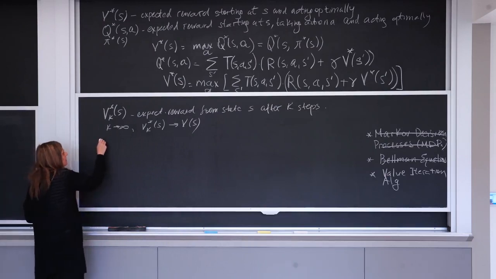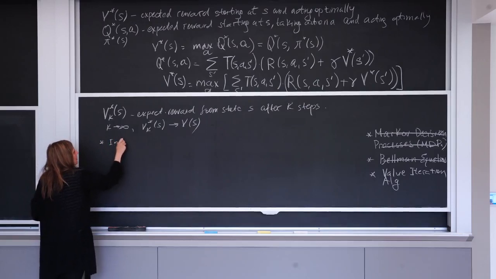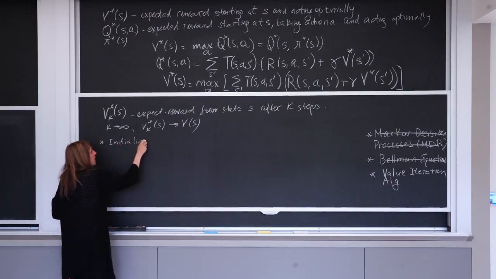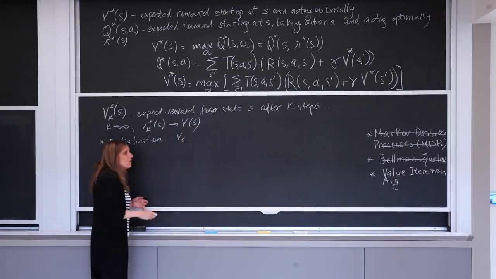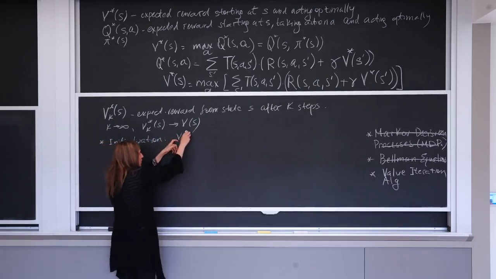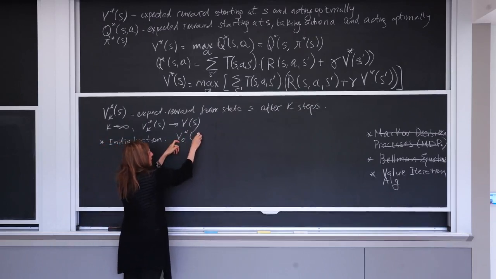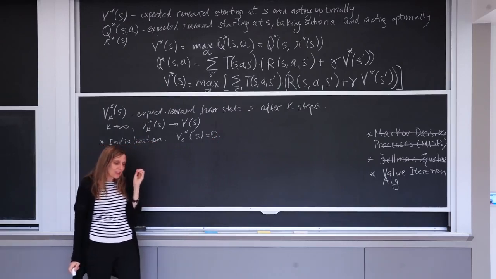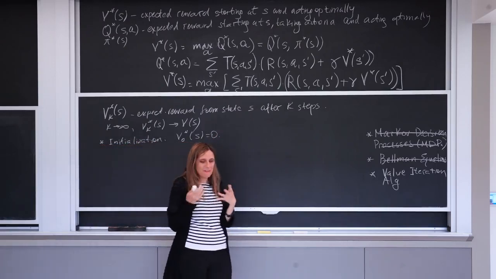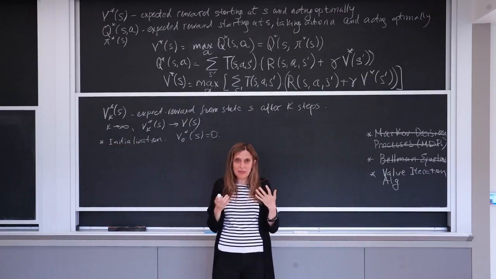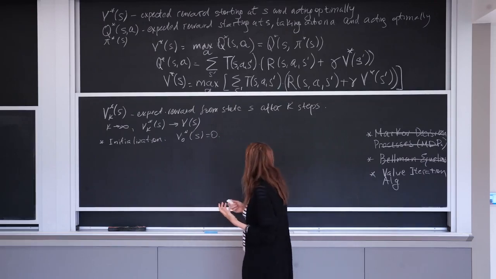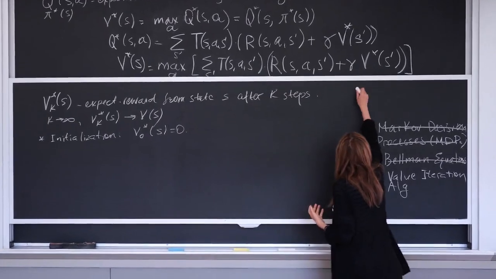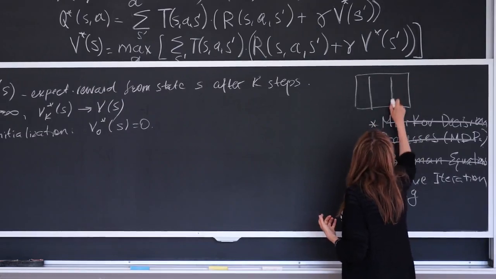Okay? So how will this algorithm work? The first step will be the initialization step. We will make all of our values V0 equal, let's say, to 0. And if you need an intuition of what this Vk means, you can think progressively about our original diagrams that we had, and I will draw this diagram again.